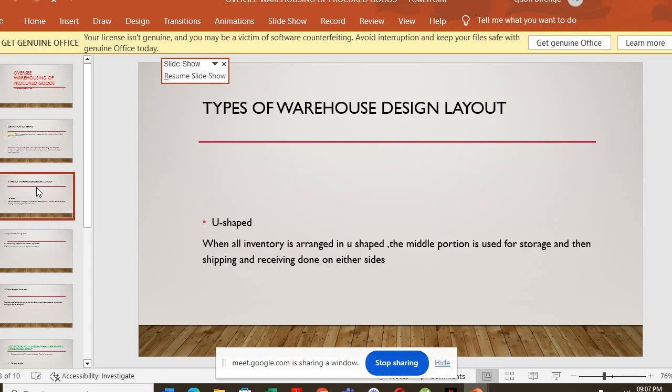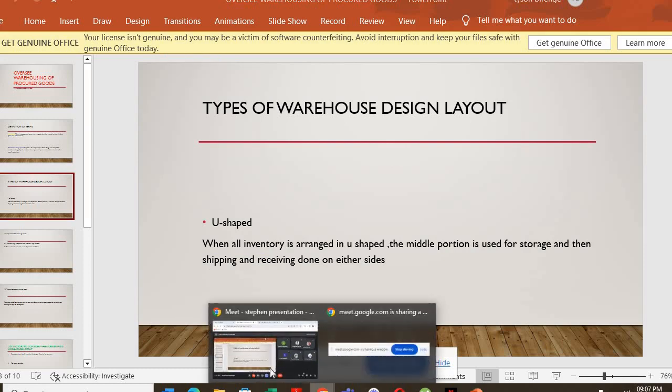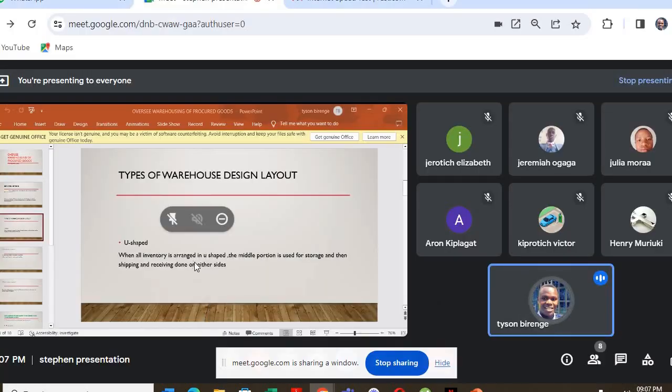Now, I want us to discuss the various types of warehouse design layout, and we have a number of them. Can Henry at least tell us more about U-shaped layout? Henry Muriuki? Okay, anyone can help Henry? Victor?